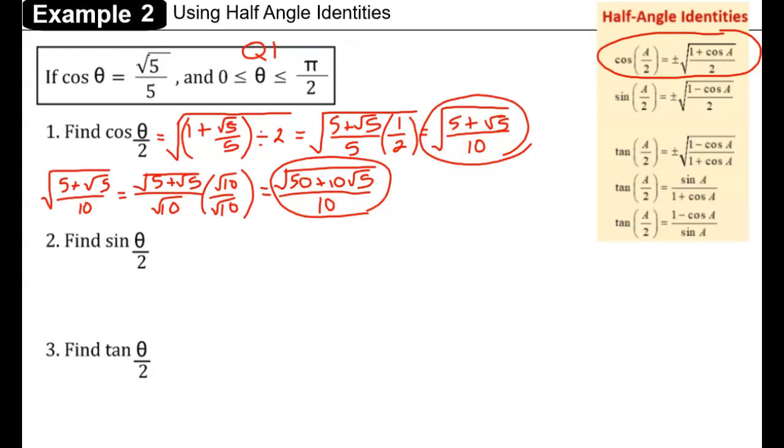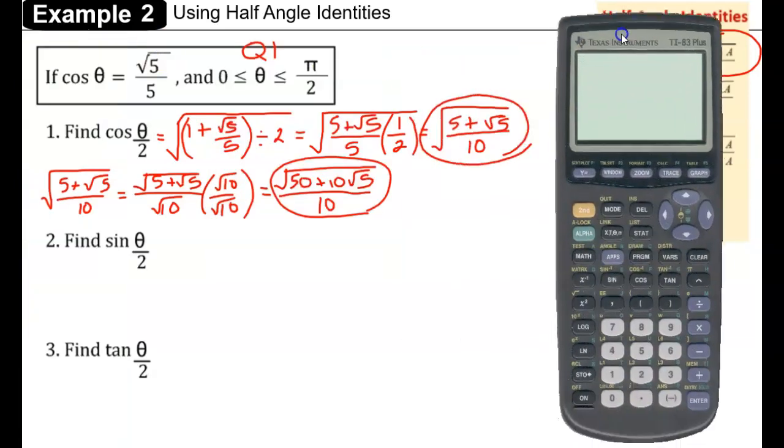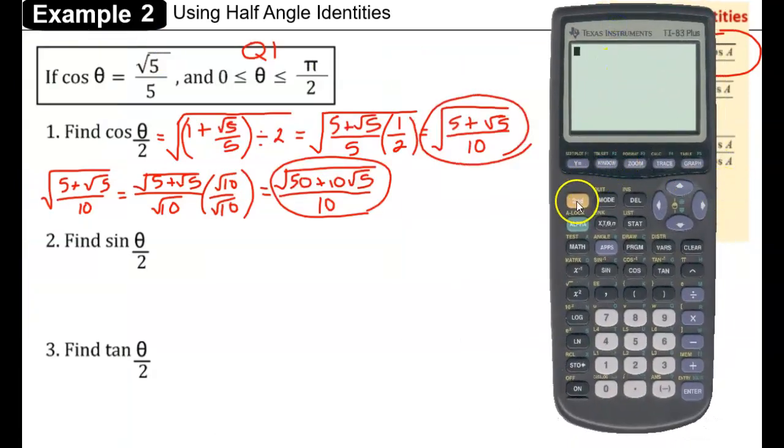To check that in the calculator, to make sure we rationalized the denominator correctly, we evaluate the first expression, which is the square root, and in the numerator we have the quantity 5 plus the square root of 5, divided by 10, and we get this decimal approximation.